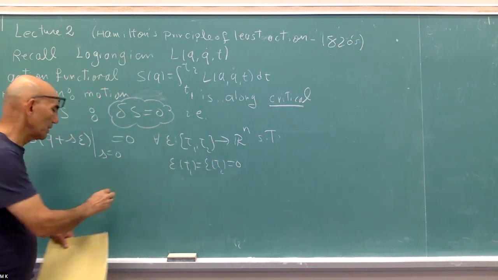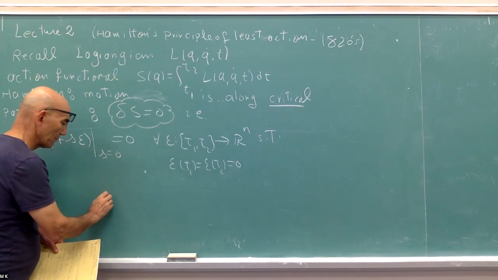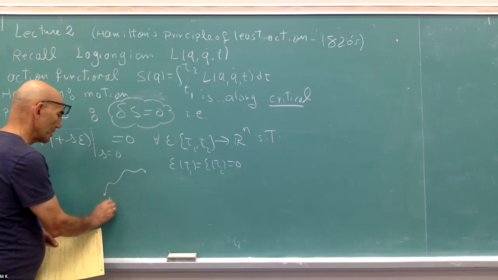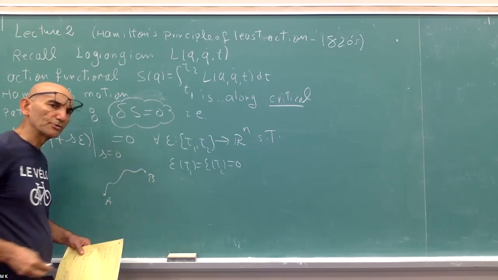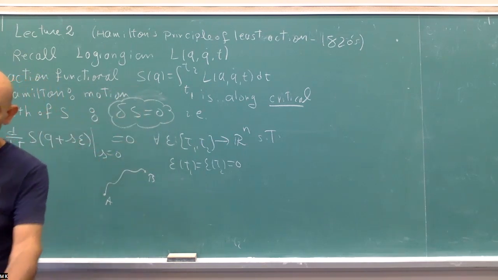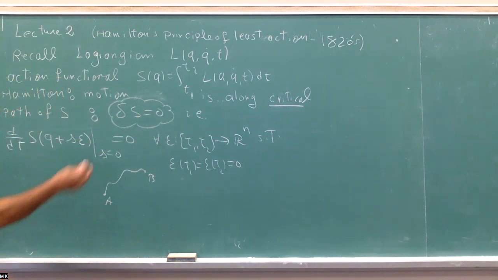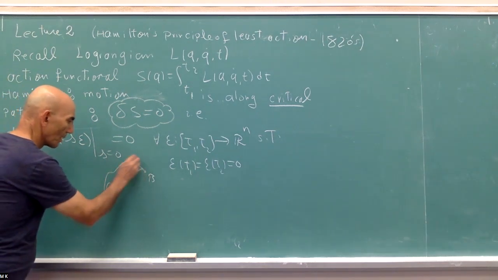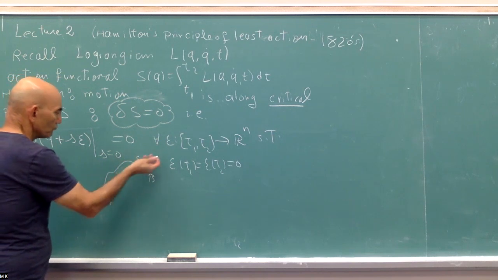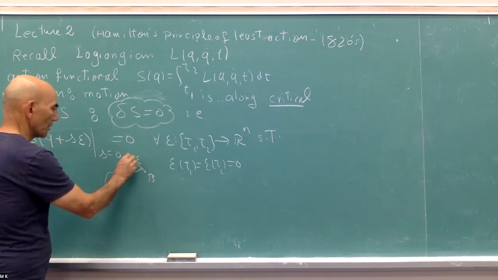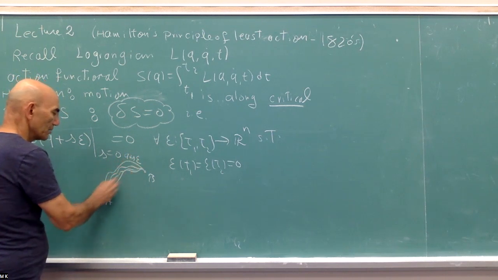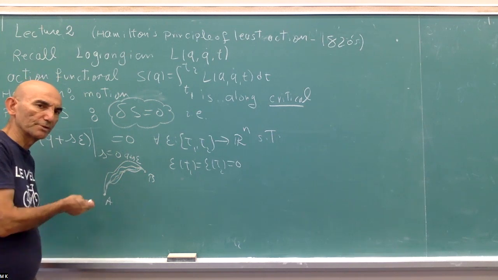Now notice we are saying for all epsilon. So what does this mean? Yes, this is the path from A to B the particle actually takes given this action. But this path is such that any perturbation, like by epsilon, so this would be q plus s epsilon, and as you change s, you get closer and closer to the path.